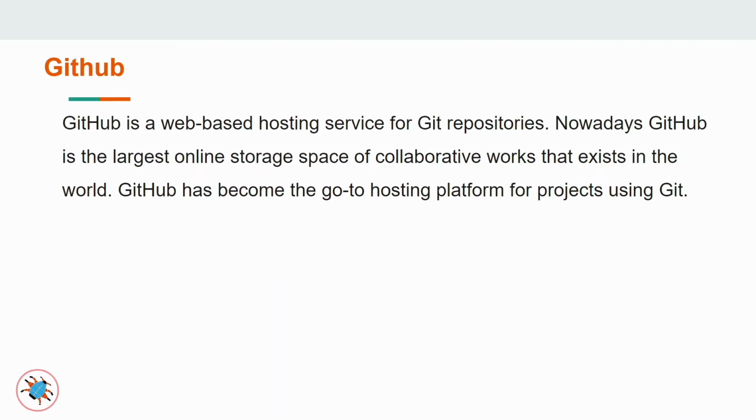Nowadays GitHub is the largest online storage space of collaborative works that exists in the world. So it's the big guy there. GitHub has become the go-to hosting platform for projects using Git. So a lot of developers embrace GitHub, amongst other hosting platforms being used by Git.